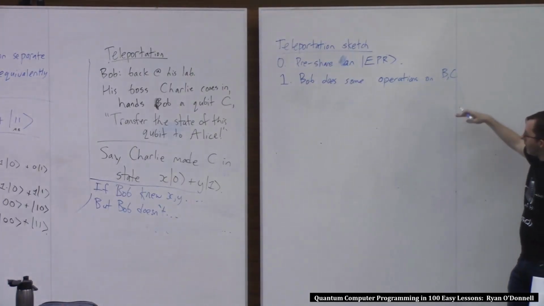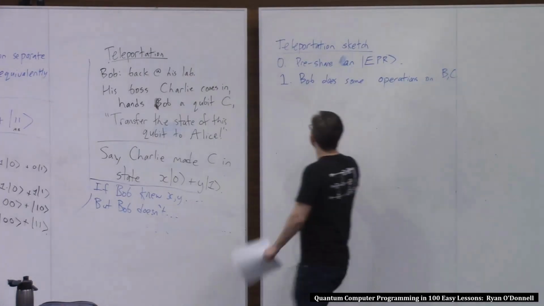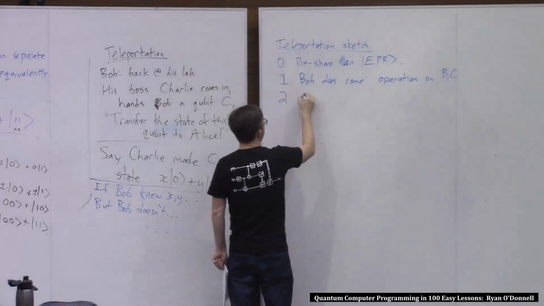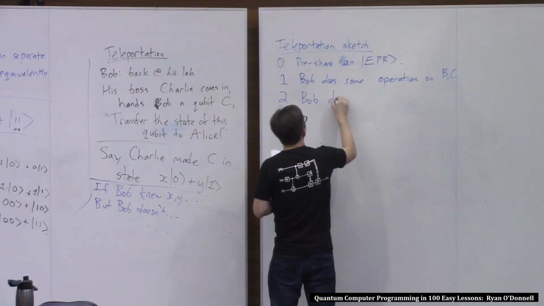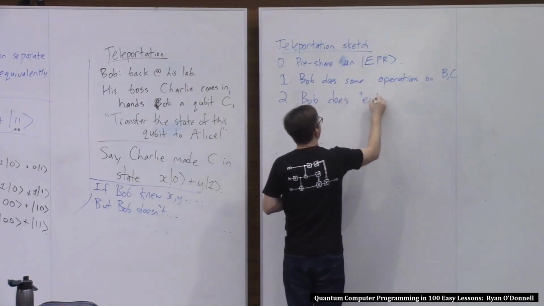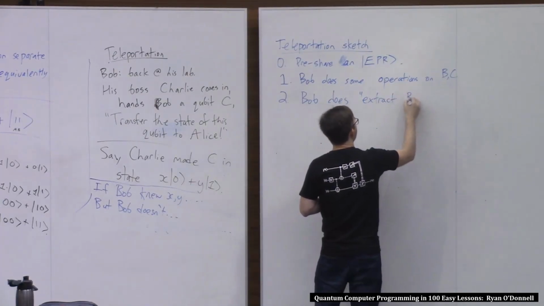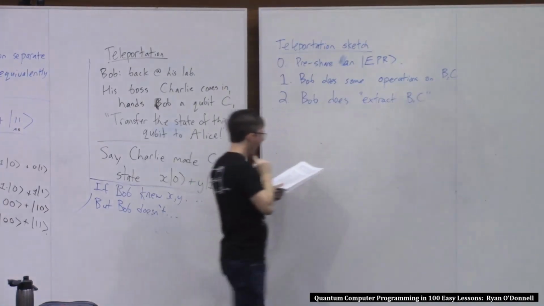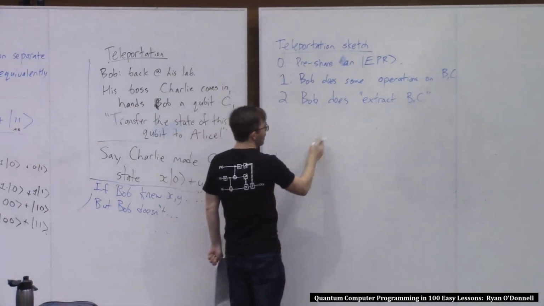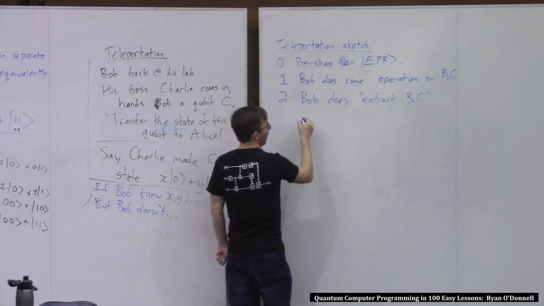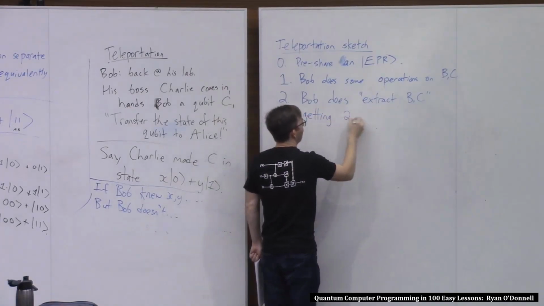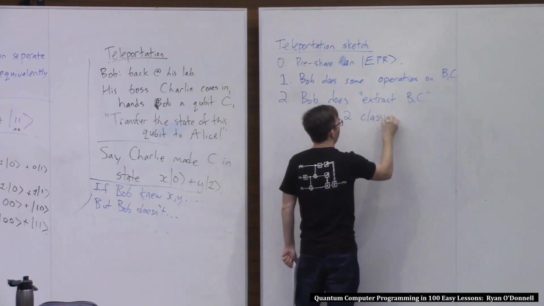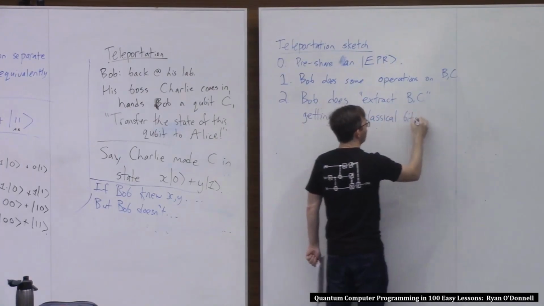And indeed, the next thing that Bob is going to do is delete them by doing an extraction operation. So Bob will extract B and C. And he'll see 2 bits on his measuring device's output, which I'll call little b and little c.